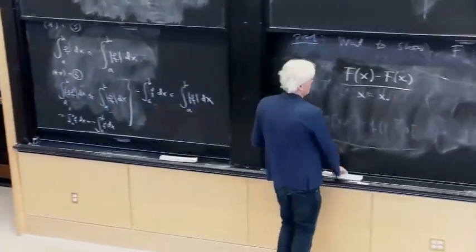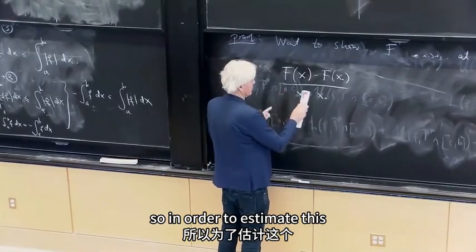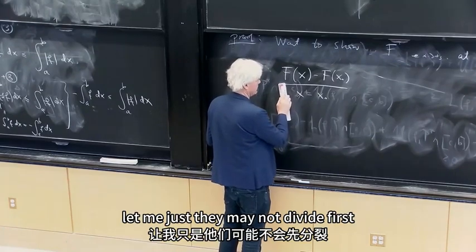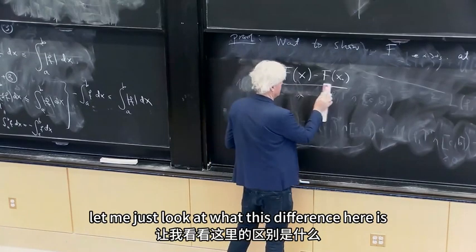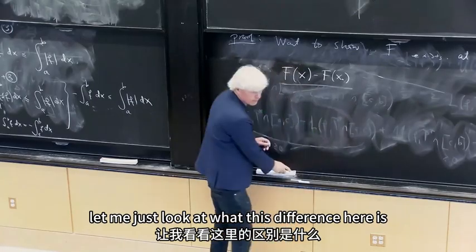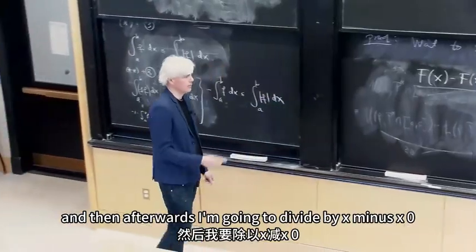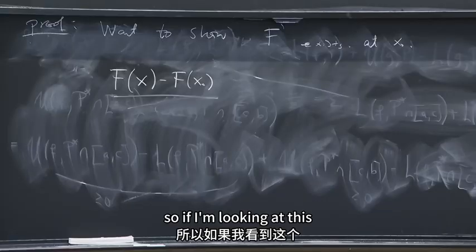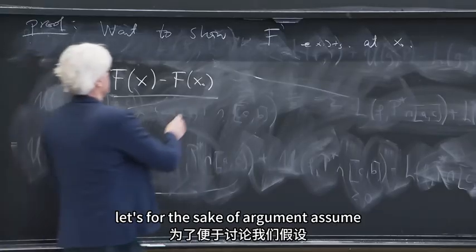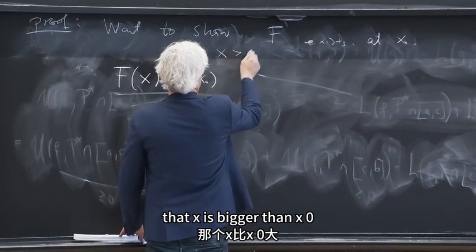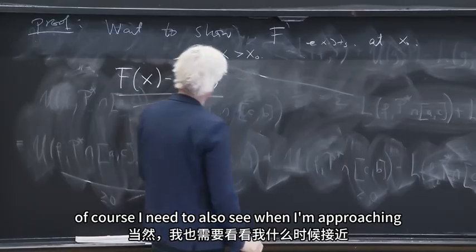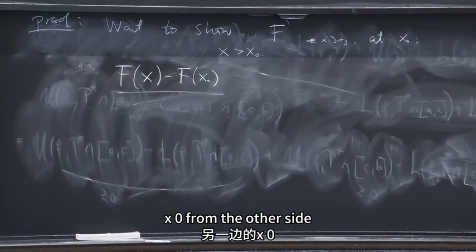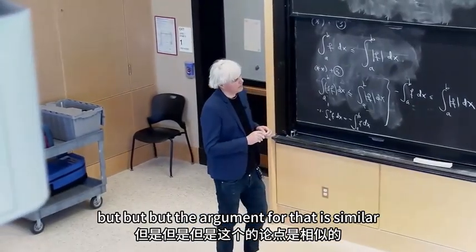In order to estimate this, let me not divide first. Let me just look at what this difference is, and afterwards I'm going to divide by x minus x0. So for the sake of argument, assume that x is bigger than x0. Of course, I need to also see when I'm approaching x0 from the other side, but the argument for that is similar.